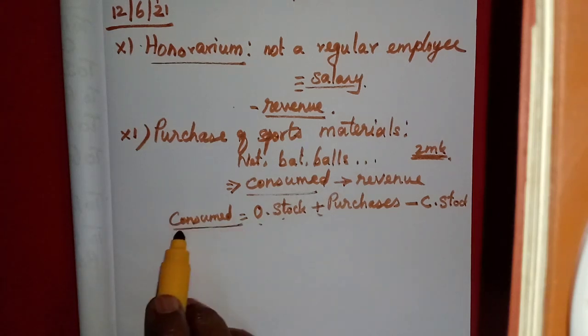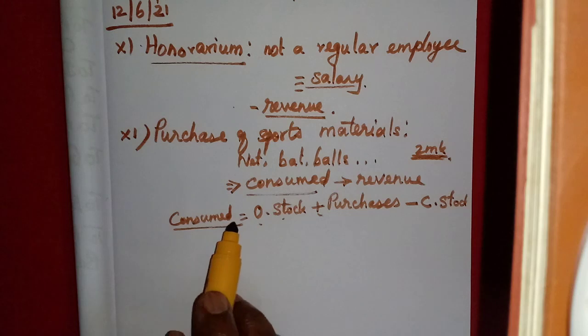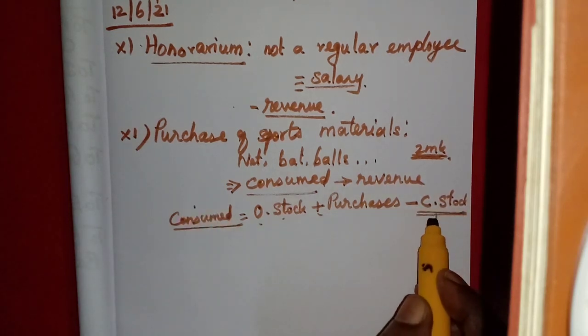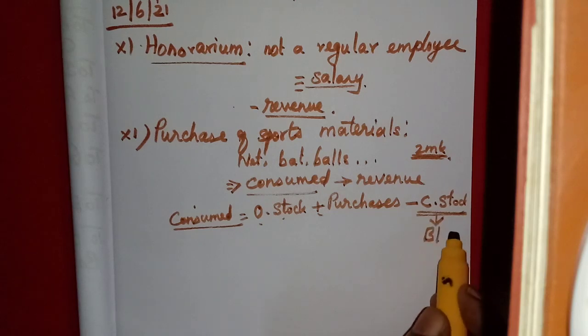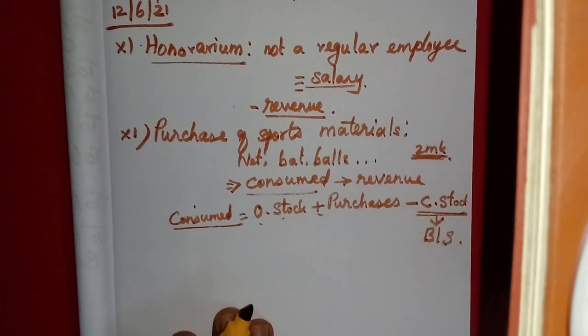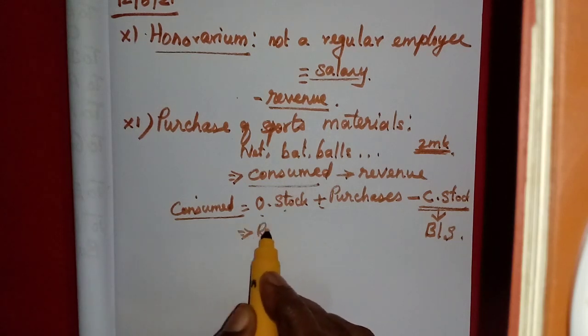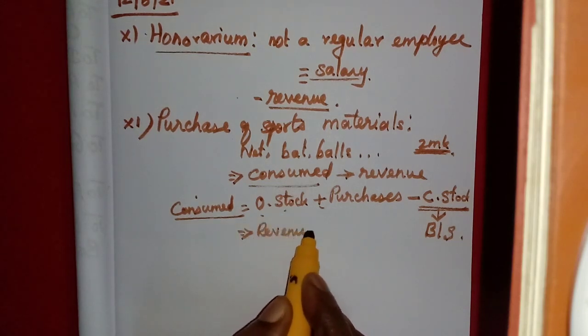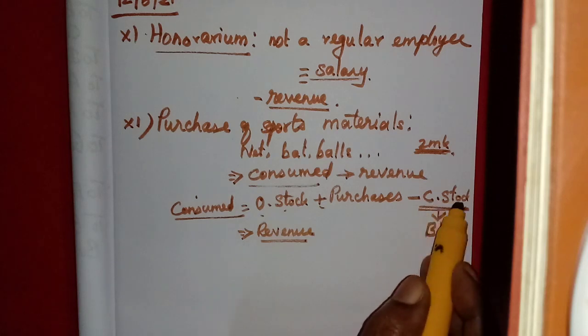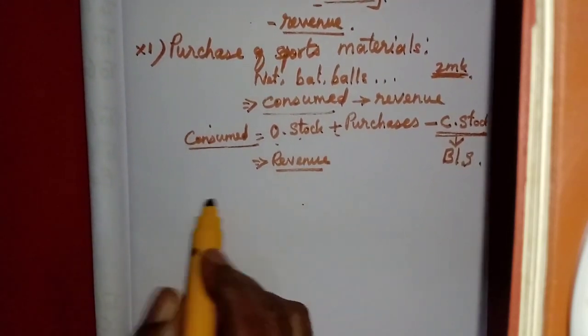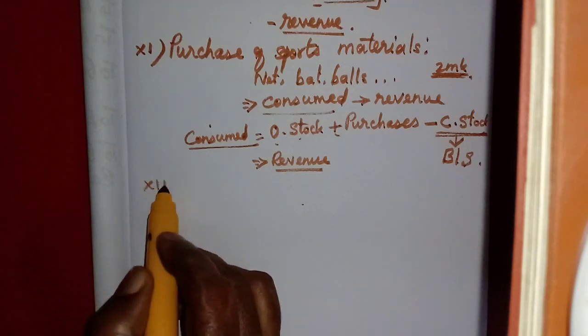Only this has to be entered in the income and expenditure account. Then the closing stock will be entered in the balance sheet. So purchase of sports materials is revenue nature, but the closing stock will be entered in the balance sheet.